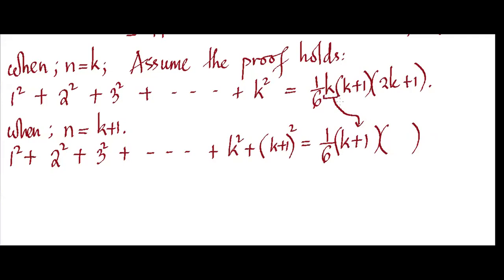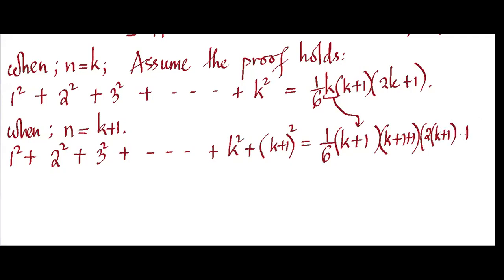There is a first k here, which is taken up by k plus 1. Then here, k plus 1 plus 1, then open brackets again, 2 into brackets k plus 1, plus 1.